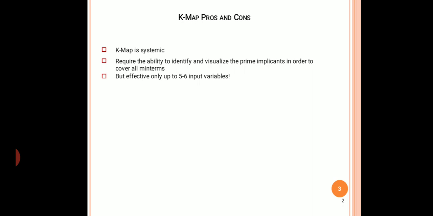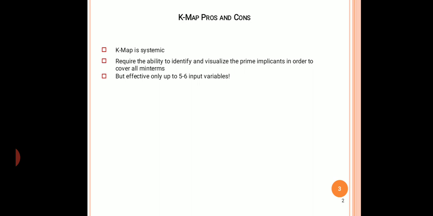But there are some disadvantages of the K-map. Even though the K-map is a systematic approach, as the number of variables increases, that is 5 variables, 6 variables and so on, the K-map becomes complicated.